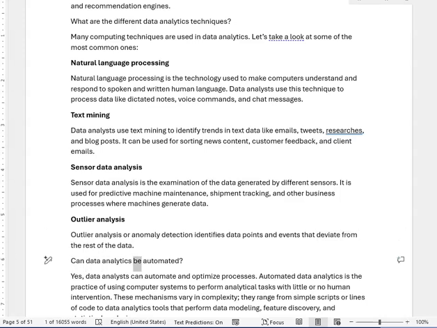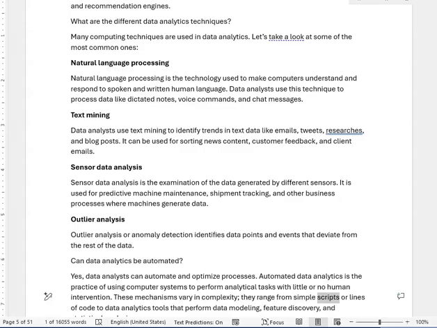Can data analytics be automated? Yes, data analysts can automate and optimize processes. Automated data analytics is the practice of using computer systems to perform analytical tasks with little or no human intervention. These mechanisms vary in complexity.